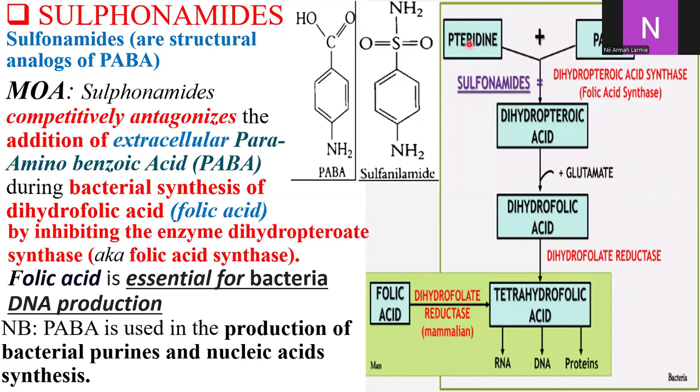Now, when pteridine and PABA are combined by the activity of the enzyme dihydropteroate synthase, also known as the folic acid synthase, this enzyme converts or combines these two to form dihydropteroic acid. Dihydropteroic acid is combined with glutamate to form dihydrofolic acid, which is then reduced by the enzyme dihydrofolate reductase to tetrahydrofolic acid.